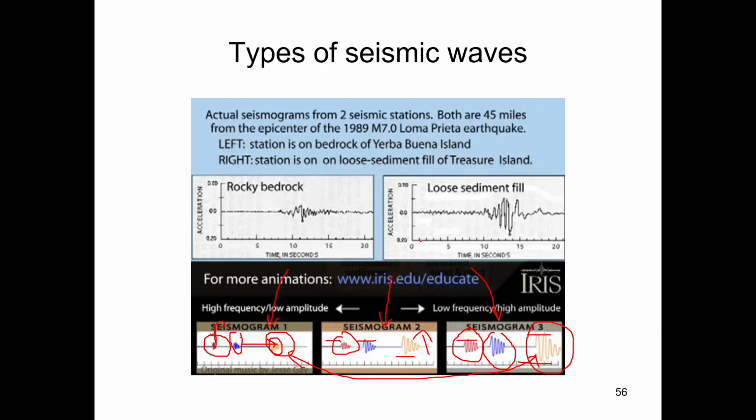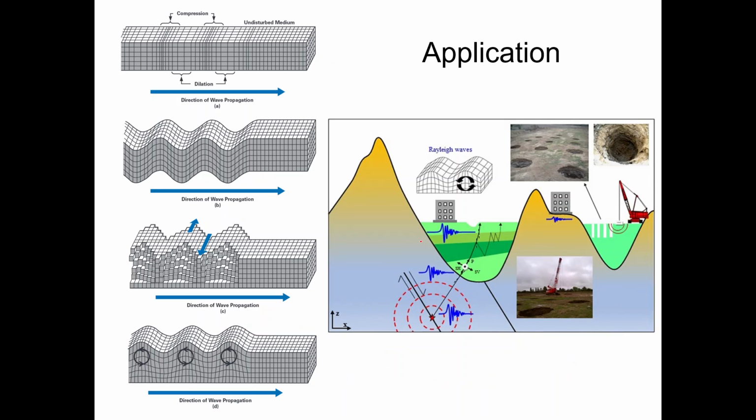This is how the compression wave propagates, like a spring. The shear wave moves like this, and the Rayleigh wave is like this, a rolling wave, as we sometimes call it. This is a surface wave.